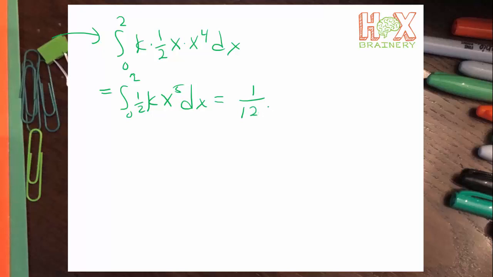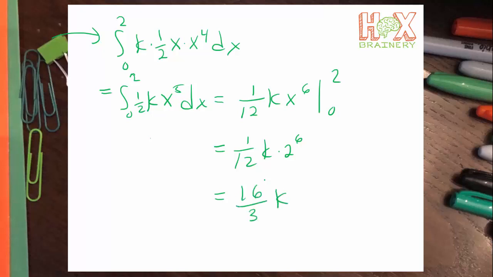So you get 1/12 k x to the 6th. We're going from 0 to 2. Plug in the upper limit 2. I'm not going to worry about the bottom limit 0 because it's just 0. And then simplifying this, we will get 16/3 k, and you can check that. So this is the math for that lamina.